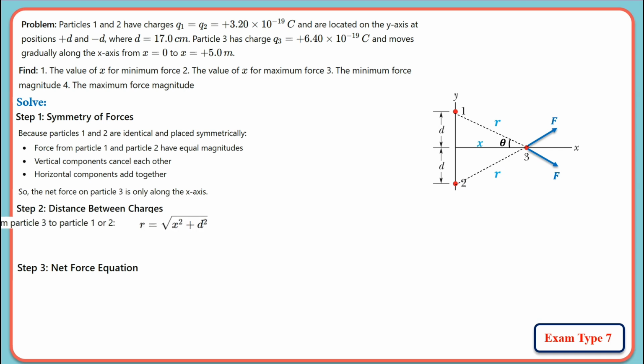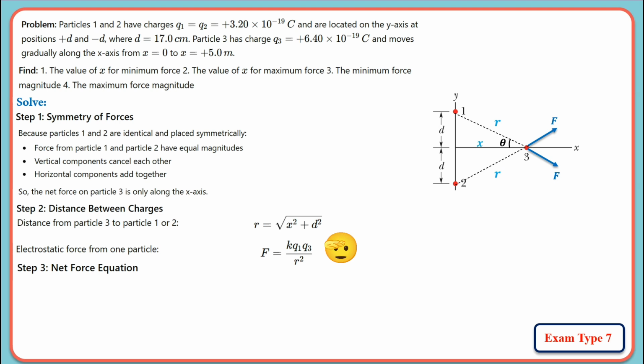Step 2. The distance from particle 3 to either charge is square root of x squared plus d squared. Using Coulomb's law, the force from one particle is k q1 q3 divided by r squared. Step 3.